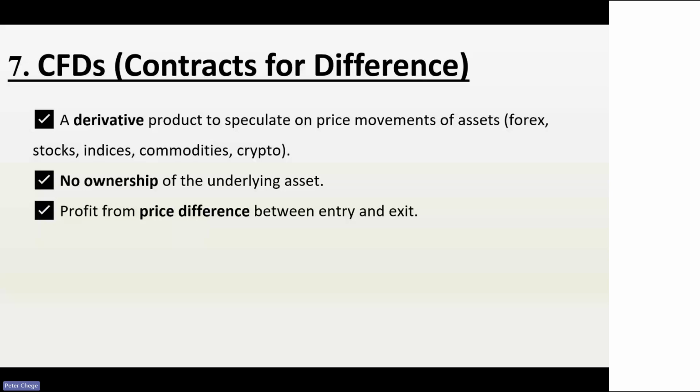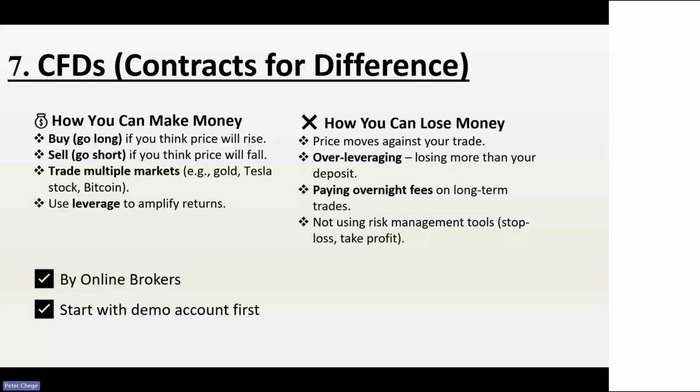Different from what we are offering, with CFDs you don't own the underlying asset. You're only trading on price movement. You have access to many assets, such as Forex, indexes, commodities, stocks, and cryptocurrencies under one account.